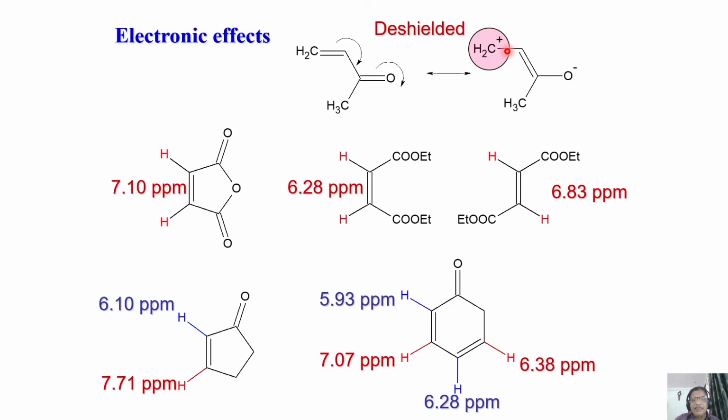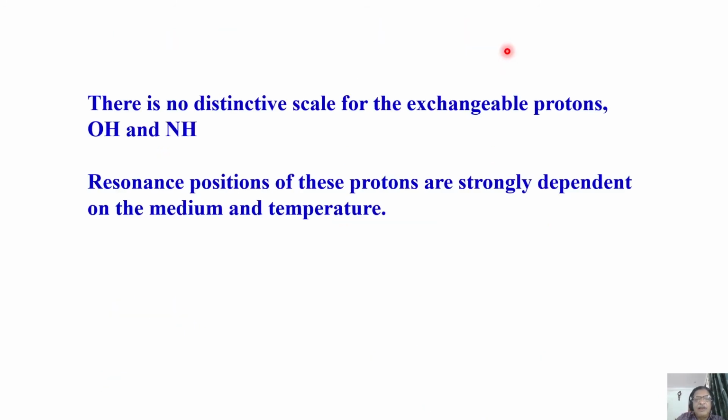Of course, how the de-shielding happens in the electronic effect, we saw this, and there is no point in going further. But I want to tell you one thing. In your molecule, if you come across OH and NH present, there was a scale which I gave you, with different regions where you can see different functional groups. Remember, I showed you one table of chemical shift regions of interest, where each chemical shift comes from. For example, where CH3 comes, where the benzene ring comes in proton.